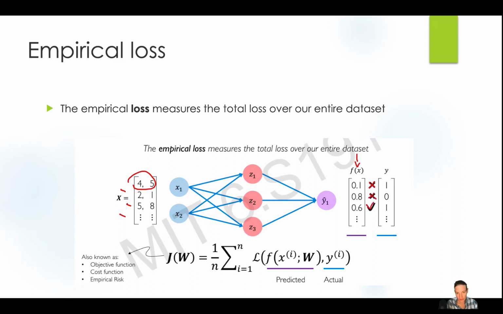Basically, what we do when we calculate the total loss, J(W), so J given the weights of this network, is we take the loss between the predicted and actual value and we average it over the data set. The data set here consists of n entries. So this J(W) is known as the objective function, cost function, etc.